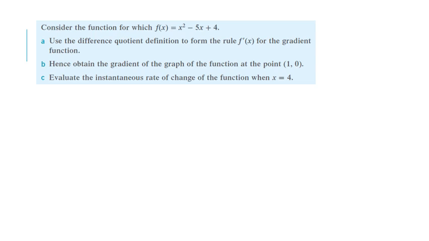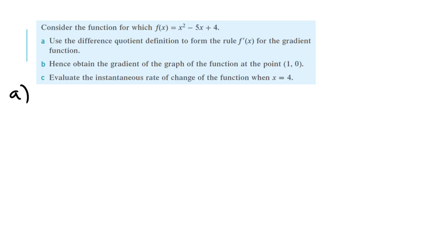So the first bit, which is part A, is telling you to use first principles. Now one thing I forgot to mention is when you're doing first principles, you're finding the gradient at any point, which is why you need it as f dash of x.